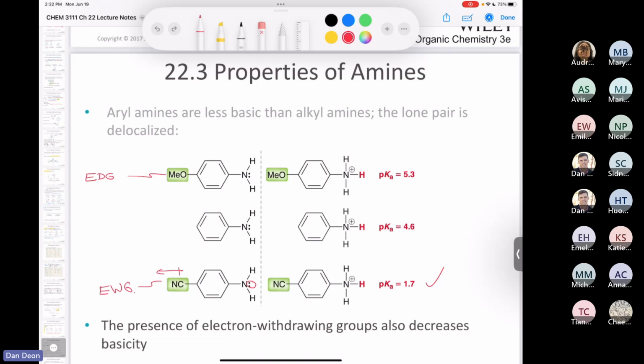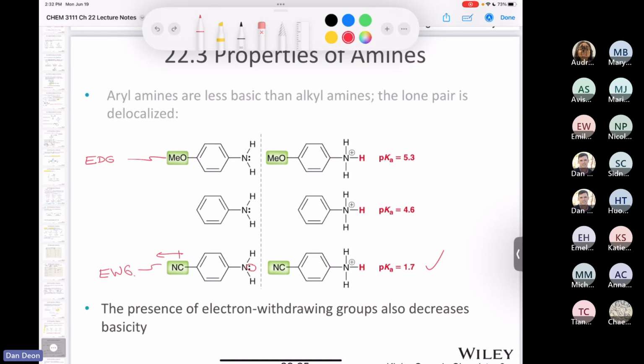So you should have an idea of how electron withdrawing groups and electron donating groups affect acidity. So again, if we have an electron withdrawing group, that's going to decrease the basicity, and therefore increases acidity of conjugate acid. There we go.